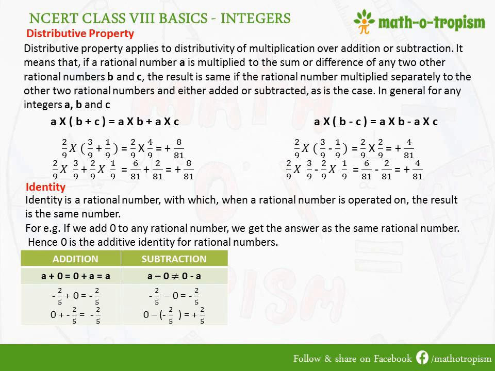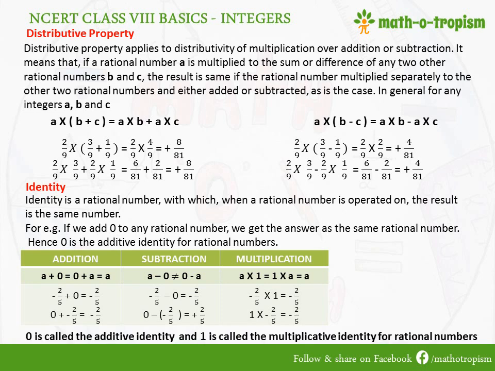Now, when we talk about multiplication, if we multiply by 1, then we get the same answer as the given number. So, a into 1 will be equal to 1 into a, which is equal to a. So, for example, minus 2 by 5 into 1 is equal to minus 2 by 5, and similarly 1 into minus 2 by 5 is also equal to minus 2 by 5.